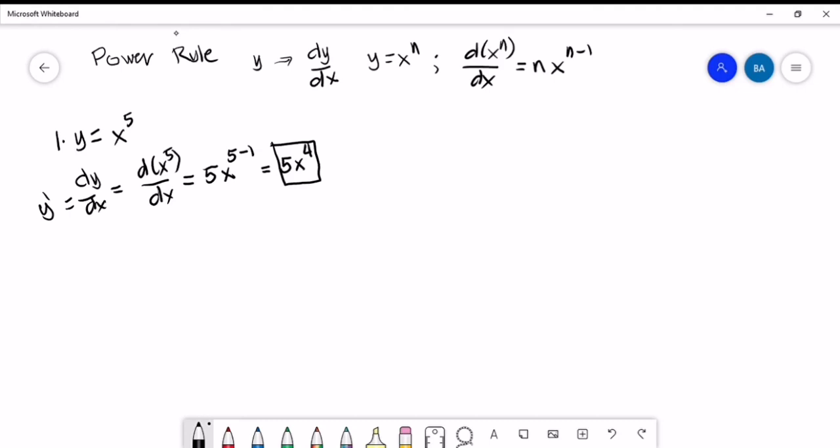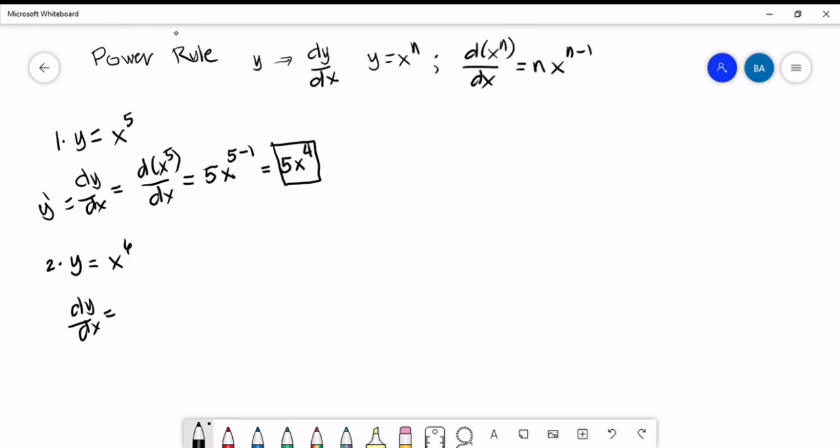Next example. How about if we have y is equal to x raised to 6. The same concept: if you're going to find the derivative with respect to x, just take note of the exponent because this is the power rule and we are dealing with the power, or the exponent itself.